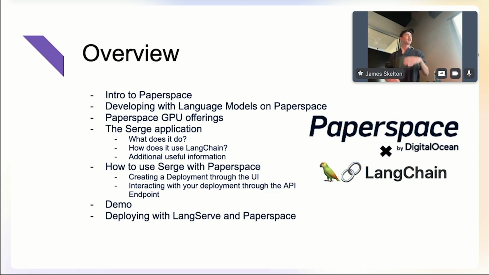It's a FastAPI and LangChain enabled serving application for different GPT models. Talk about how it uses LangChain, and then we're going to talk about how to actually use Surge with Paperspace. So creating a deployment through the UI and interacting with your deployment through the API endpoint. Then we're going to actually look at the demo itself.